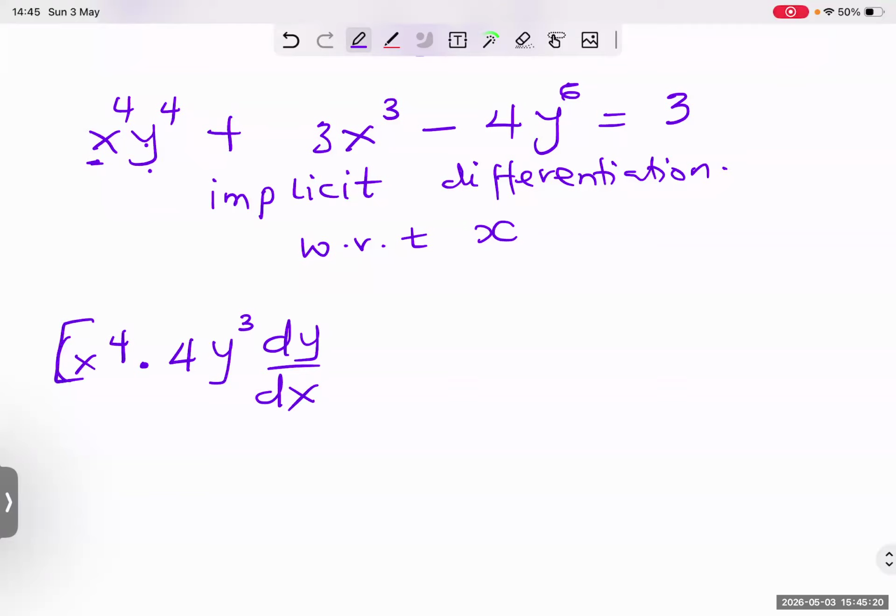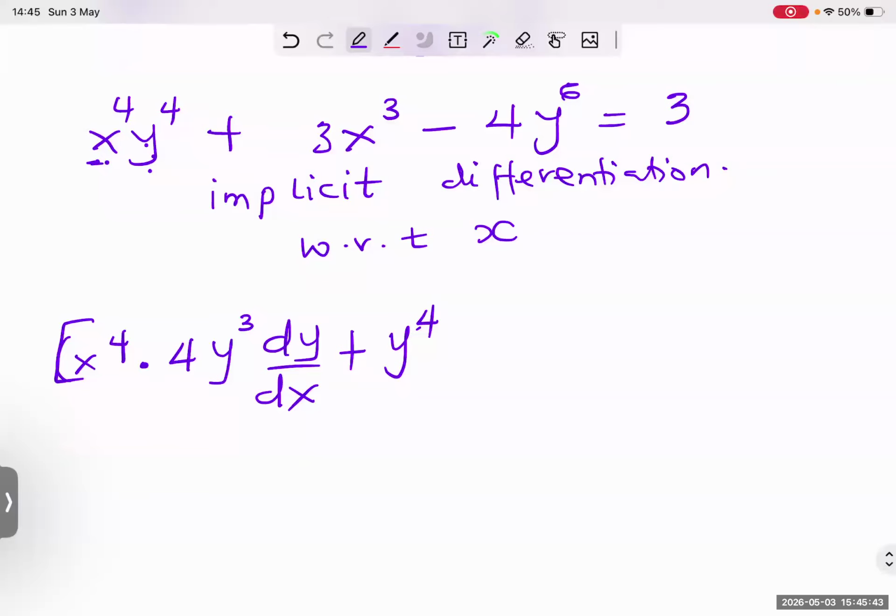We are still using the product rule: keep one constant, differentiate the other, plus the reverse. So plus, since we kept x to the power 4 constant, this time we are keeping y to the power 4 constant. So y to the power 4, and then we differentiate the x to the power 4.